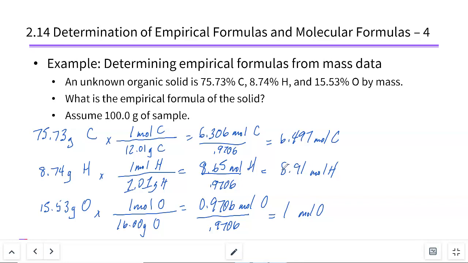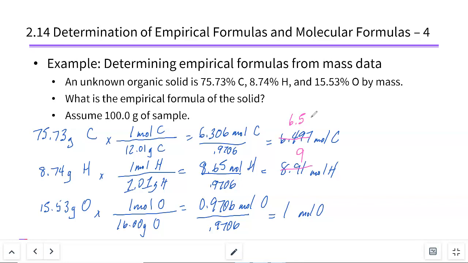So we're going to turn this 8.91, we're going to round that up to 9. 6.497 is not good enough to round, except it's not exactly a half, but it's really, really close. So here's where we're going to take a little bit of a liberty, and we're going to say, okay, it's probably 6.5, not just 6.497.